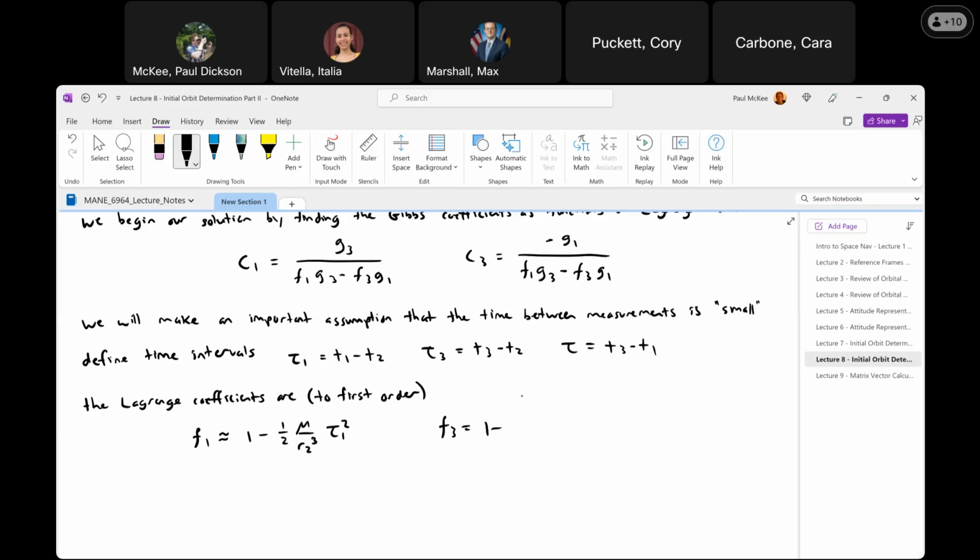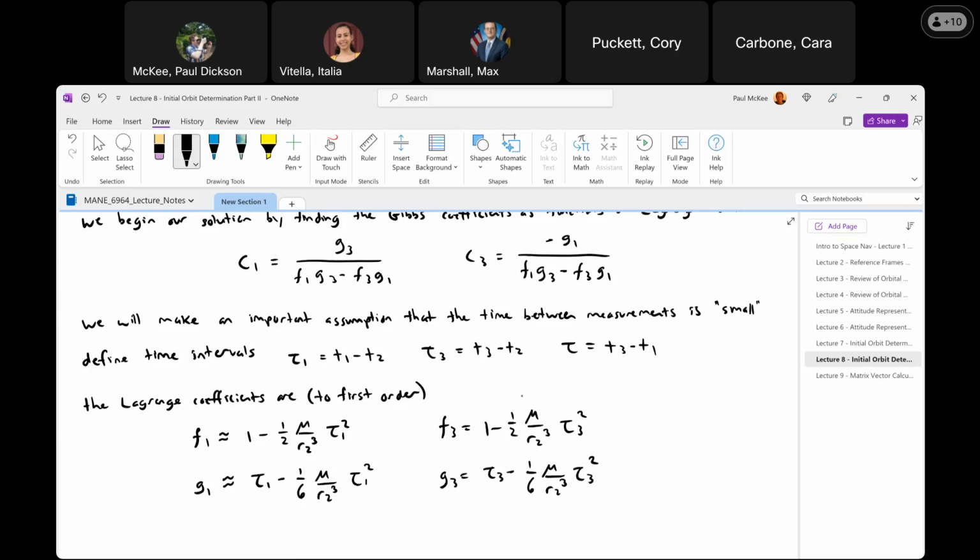F3 is 1 minus 1/2 mu over R2 cubed, tau 3 squared. G1 is approximately equal to tau 1 minus 1/6 mu over R2 cubed, tau 1 squared, and G3 is tau 3 minus 1 over 6 mu over R2 cubed, tau 3 squared.